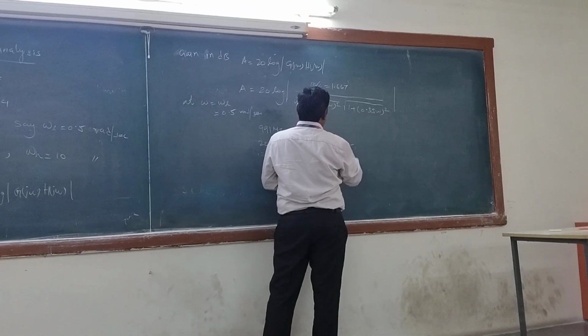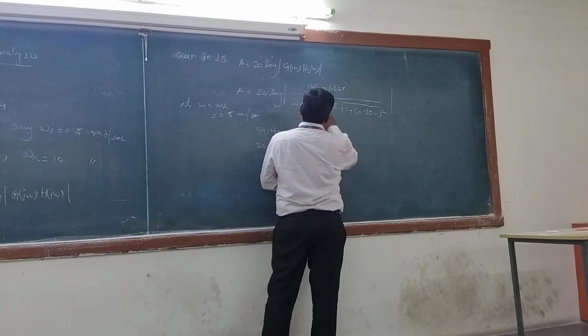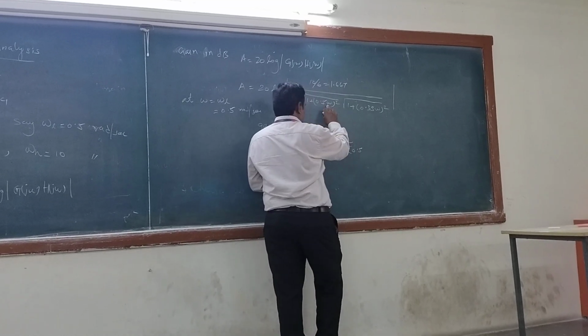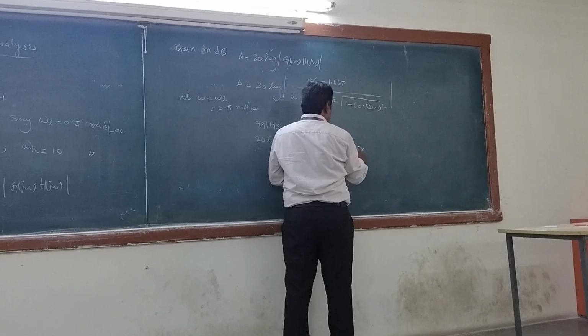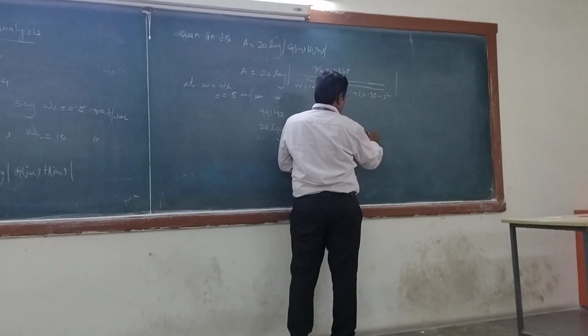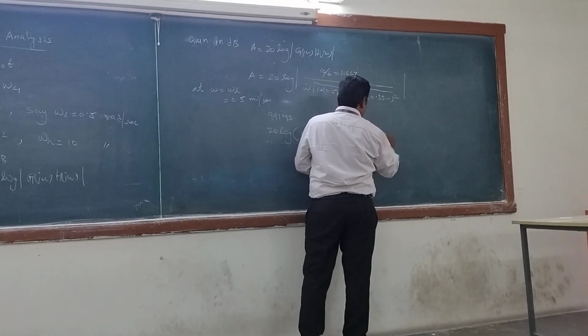Then square root, again bracket open, 1 plus, again bracket open, 0.5, instead of omega again put X, by pressing alpha and then close parenthesis, then square. Again close the bracket.